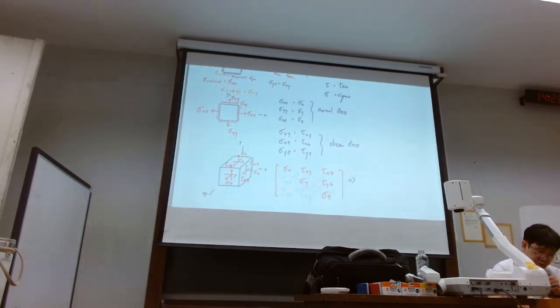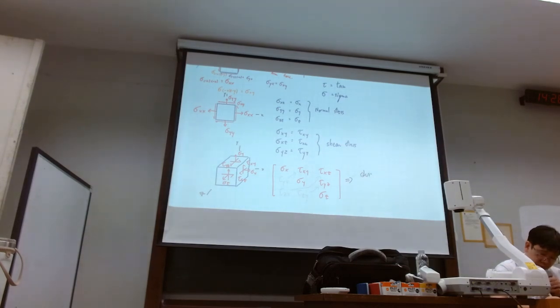This in 3Ds we call the general state of stress. This is the general state of stress, and there are 6 independent variables. 2Ds would be 3 independent variables. 3Ds, 6.